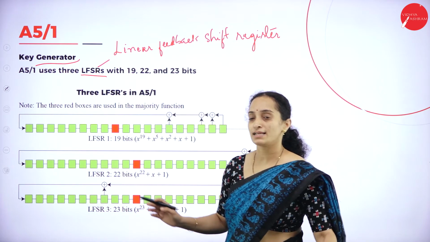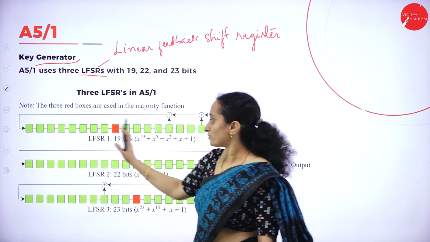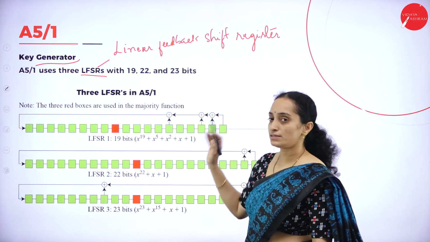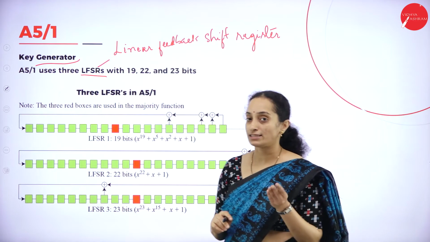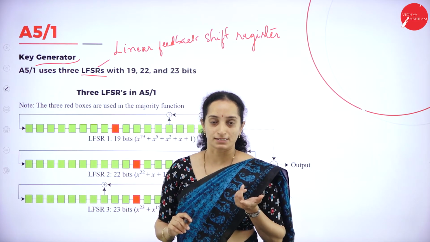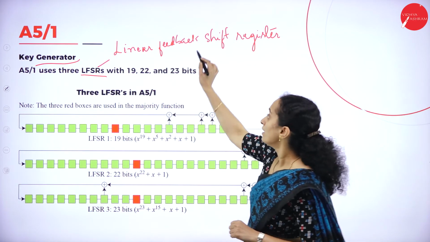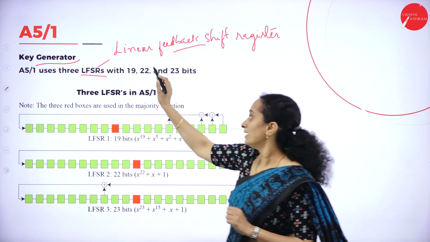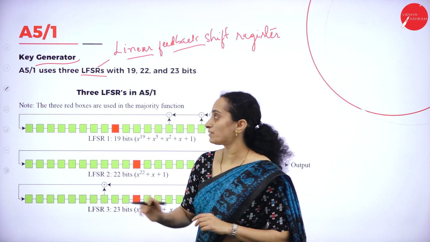A shift register shifts the bits to either right or left. We will have right shift registers and left shift registers. Both will be there. So you can use any shift register with a feedback in a linear manner, which is called a linear feedback shift register.